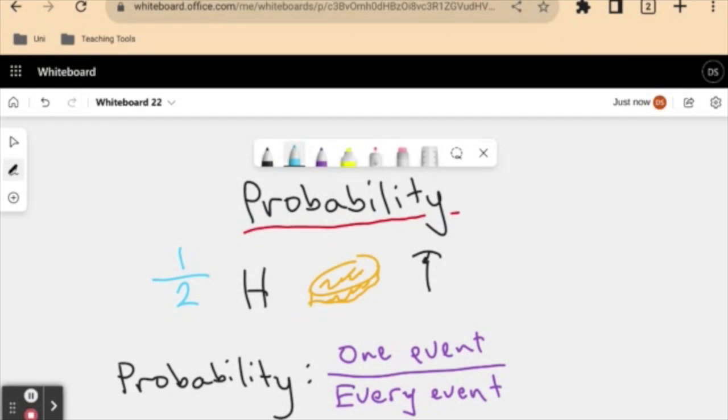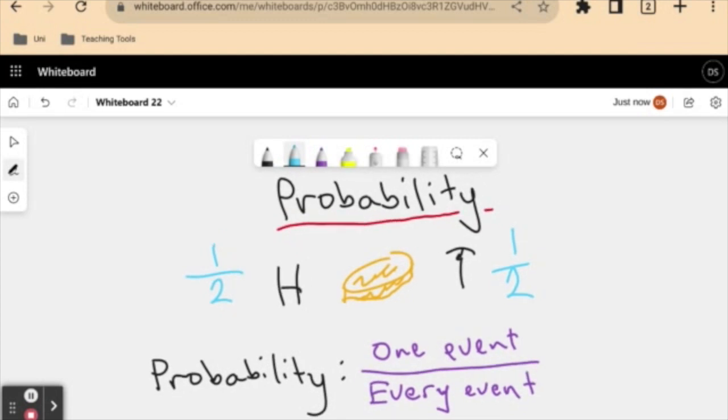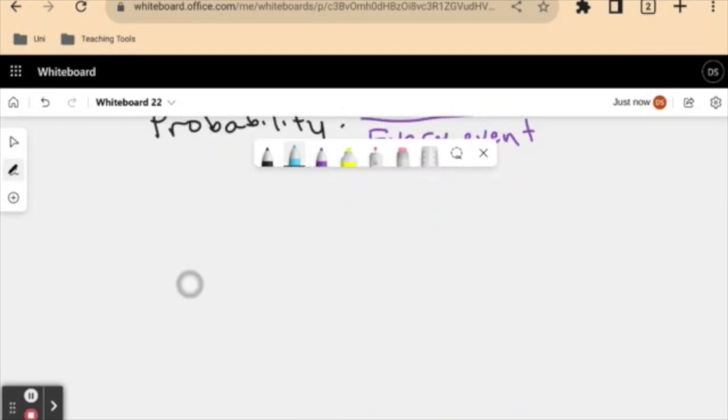So we get a half. Now, for tails, this is also one event out of a possible two events. So once again, we get a half. So the probability of each of these happening is 1/2, or 50%, or 0.5 if you wanted to do it as a decimal. Now, the same thing goes for something like a dice roll.